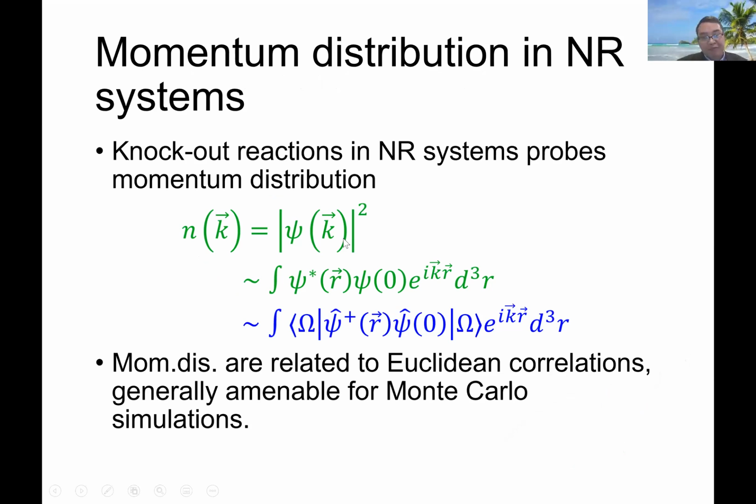If you expand this into the coordinate space wave function, you discover that actually you're looking at a coordinate space correlation function. You have a wave function at R and a wave function at 0, and you Fourier transform the correlation.